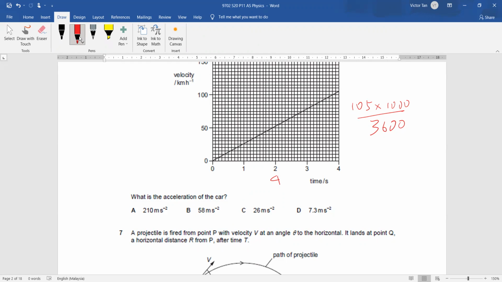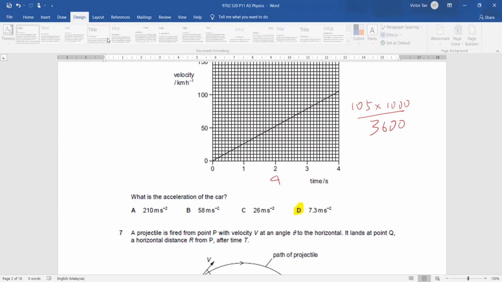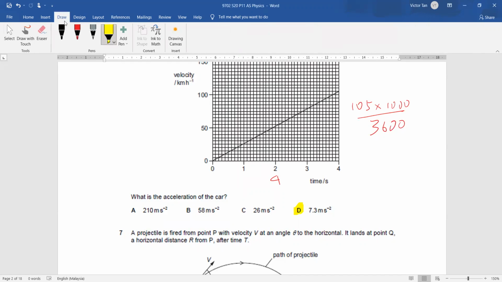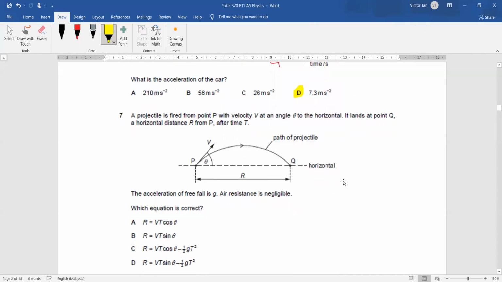Okay, answer is 7.3. Sometimes you have to be careful about the units that are used.